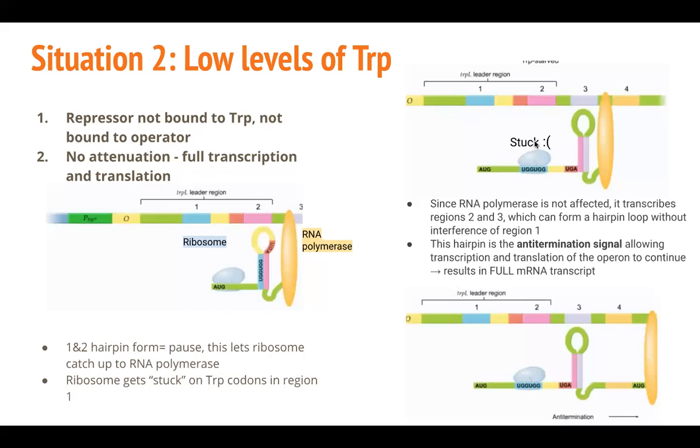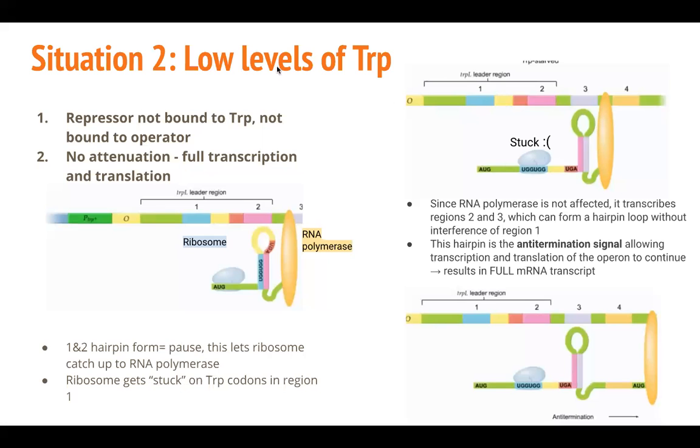Yeah, so in low levels, okay, this yellow thing is your RNA polymerase. It's just transcribing. Because in prokaryotic cells, transcription and translation happen at the same time, this ribosome is directly behind the RNA polymerase, just following it, translating as this one is transcribing.